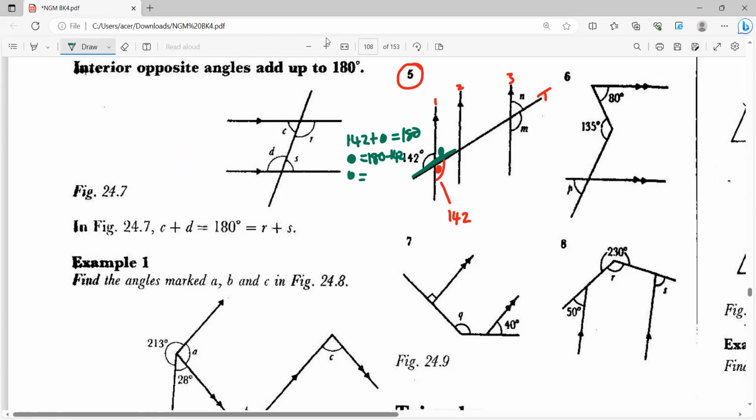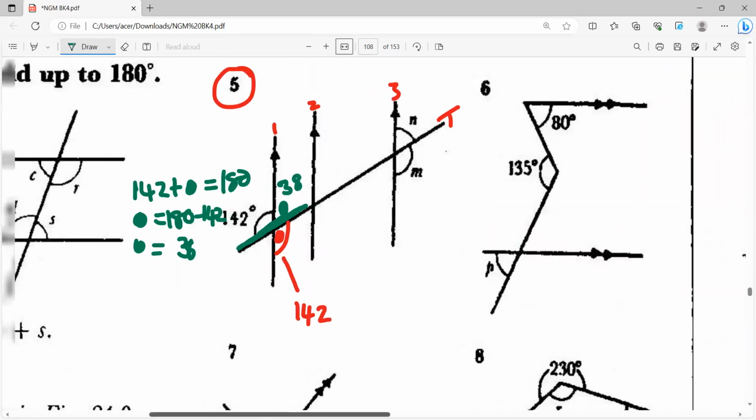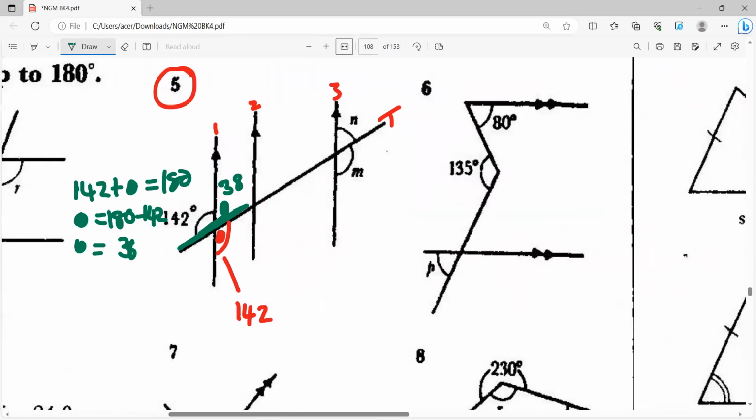I think it's going to be 38. So this is 38. All right, so we got 38 there.